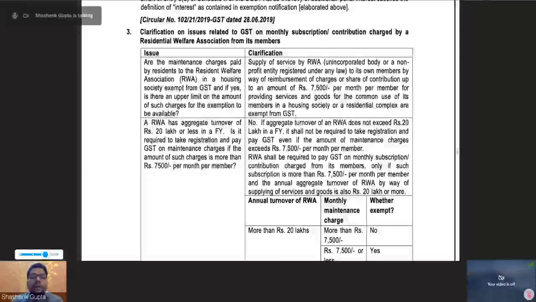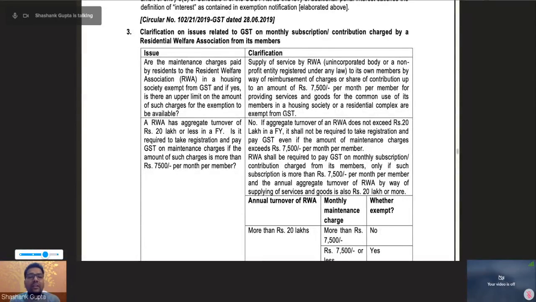However, a basic exemption limit has been given to RWAs, that is, if the contribution per member is up to 7,500, then that will be exempt and no GST will be applicable. However, if the contribution is above 7,500, then GST shall be applicable.